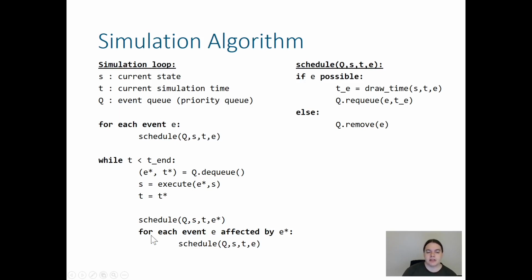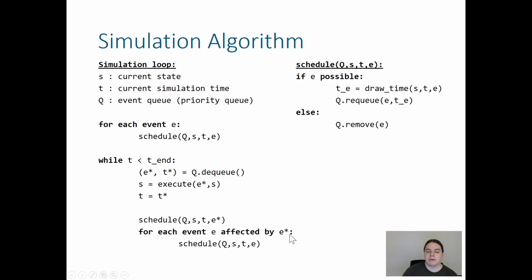Finding out which events are affected is generally the difficult part, because in a simple model, you might just look at your model and know which events are affected. In a complex model, there's a lot of room for mistakes here. And so ideally, you want to have simulation software at hand which helps you with exactly that and does this rescheduling automatically.